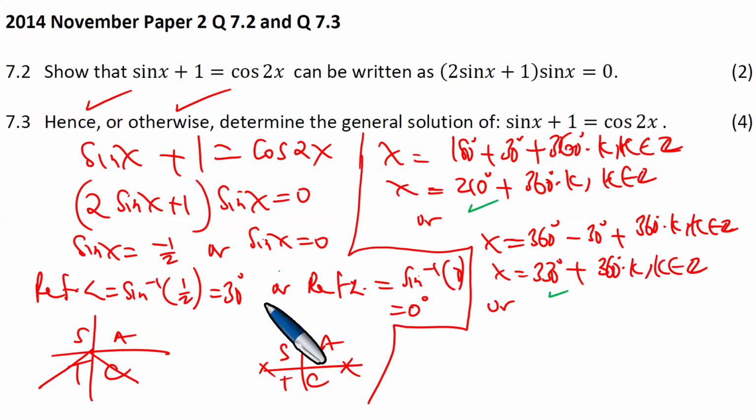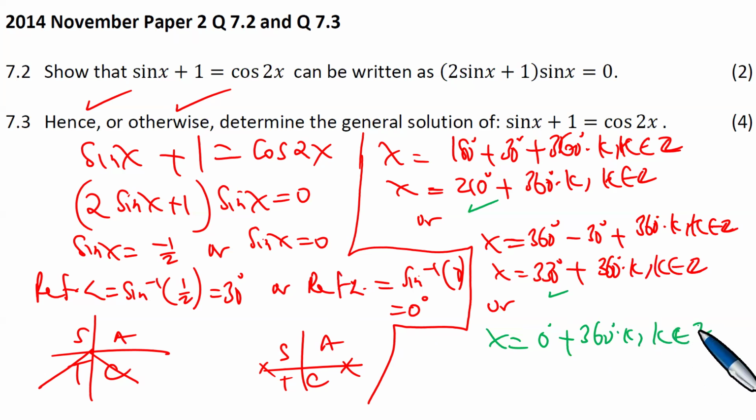And then here now we have this other one, sine 0. So we have the reference angle 0, which means x equals 0 degrees plus 360 degrees k, since the period is 360, k in Z. Or x equals the other one, because you got 0 degrees there, but you have the other one, 180 degrees.